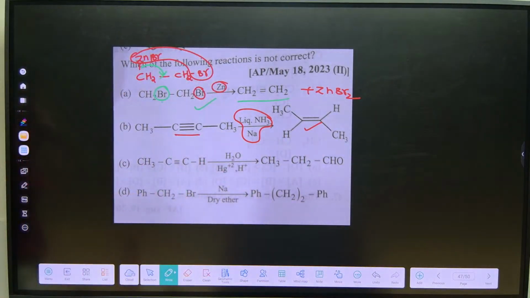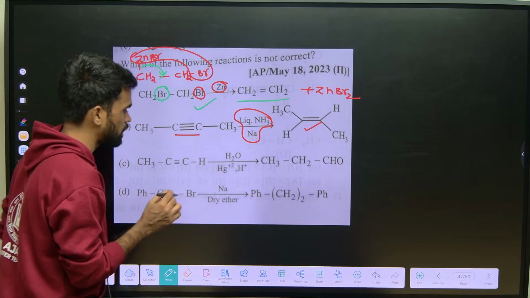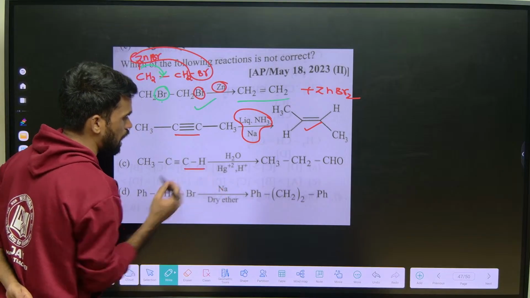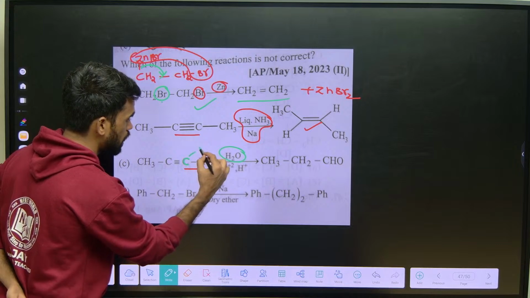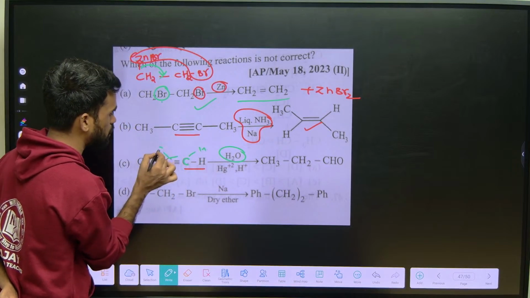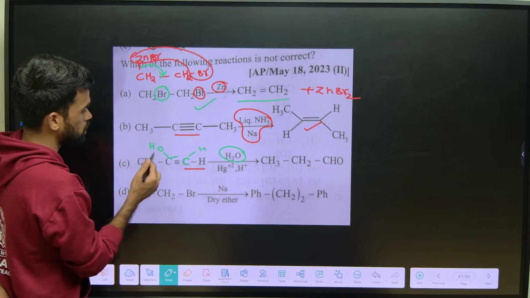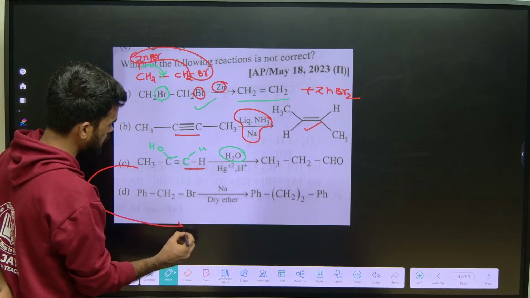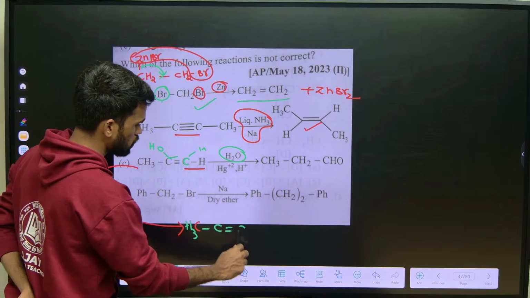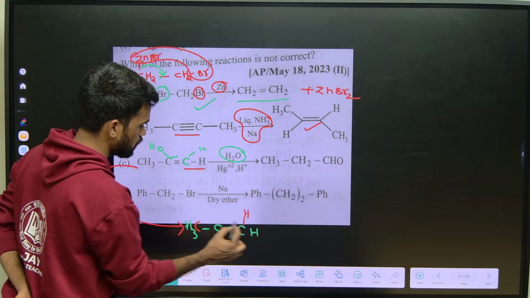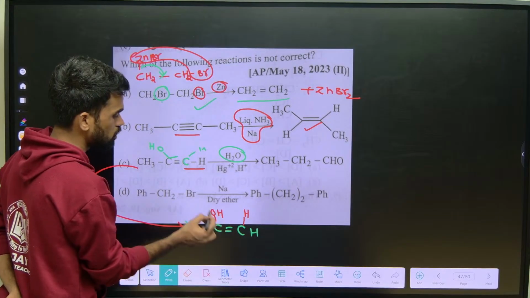Then next, can you identify whether the third reaction is correct or not? Guys, here again see what I told you, whenever there is a terminal alkyne, on the terminal carbon we need to add hydrogen, and on this internal carbon we need to add OH. So what kind of alkene is formed here? It will be CH3 C double bond CH, one hydrogen here, one OH here, like this an enol is formed.